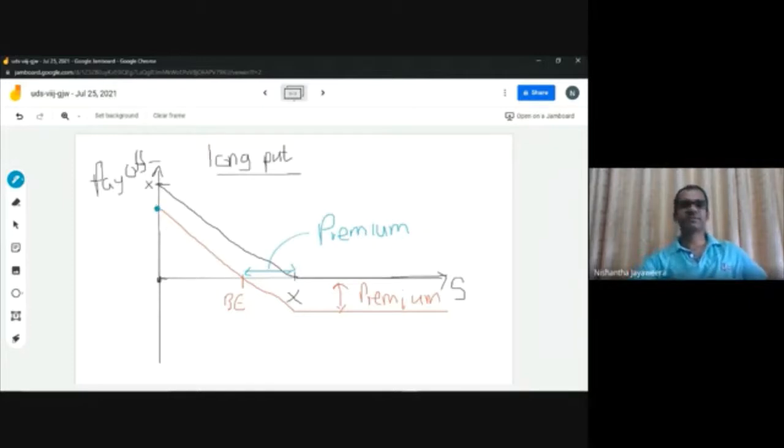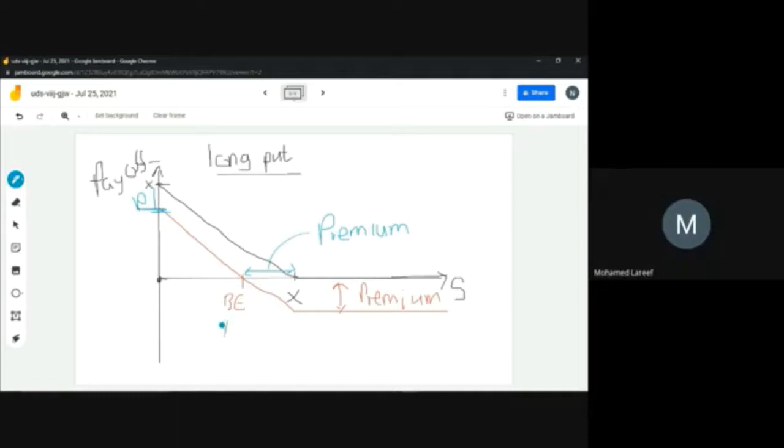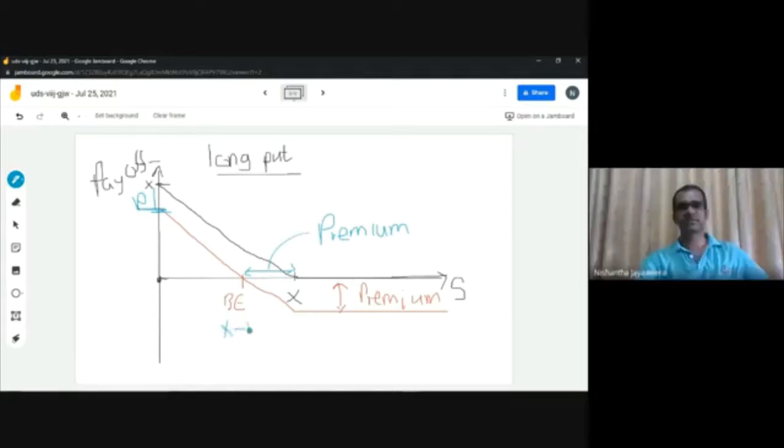This is your maximum profit, maximum gain: exercise price minus premium. What is the break-even point? If this difference is equal to the premium, what is this point? What is the price here? So that is strike minus premium.